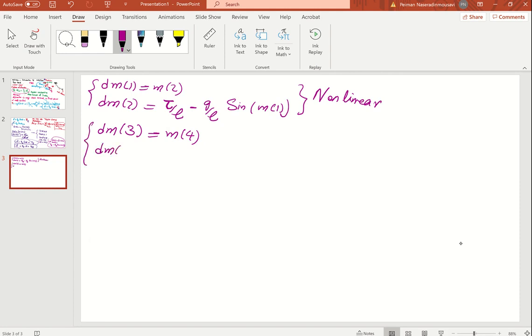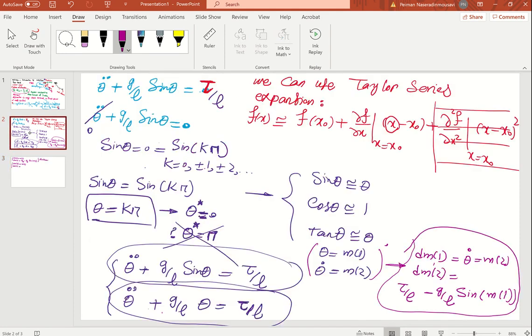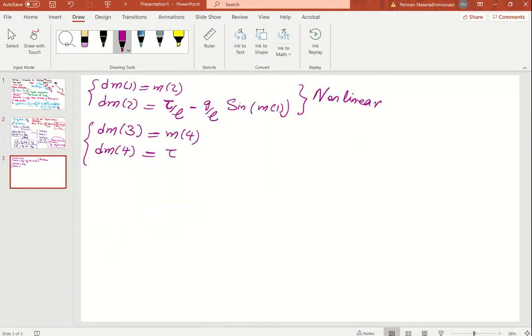And dm4, okay, look at here, I have only theta, not sine of theta. See, compare this. So it's tau over L minus G over L M3, because see, okay, this is the angle. This is for linear pendulum or 1 degree of freedom robot.